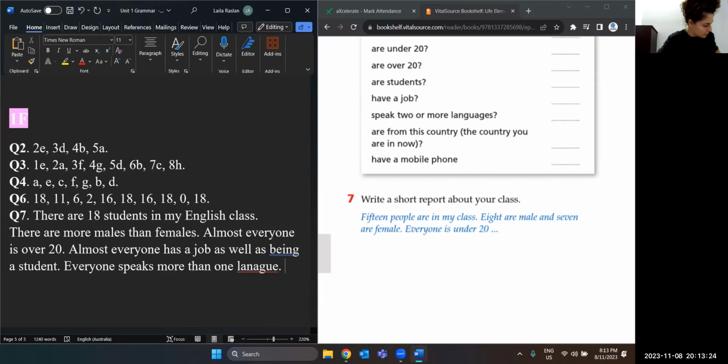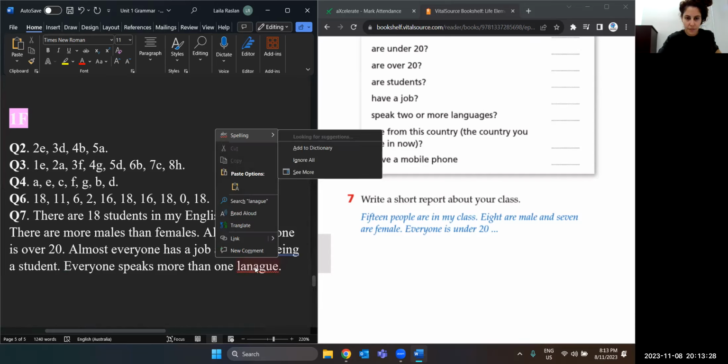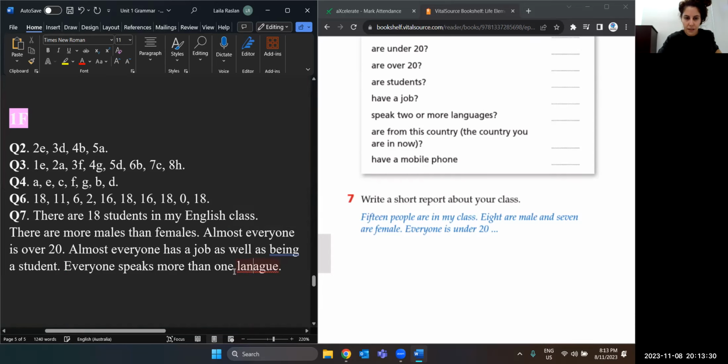What was the question? Speak 2 or more languages. Everyone speaks more than one language. Yes, everyone speaks at least 2 languages. So that means like minimum.